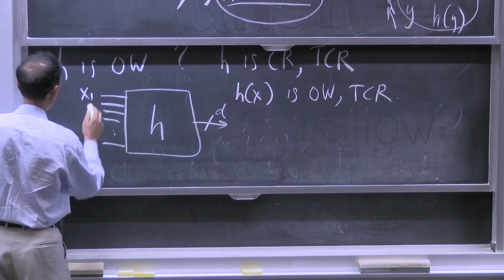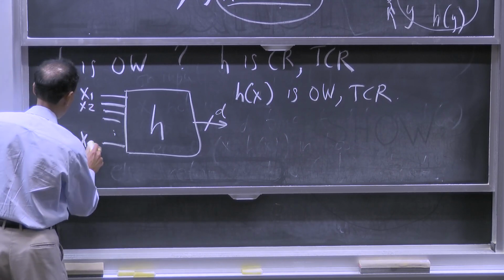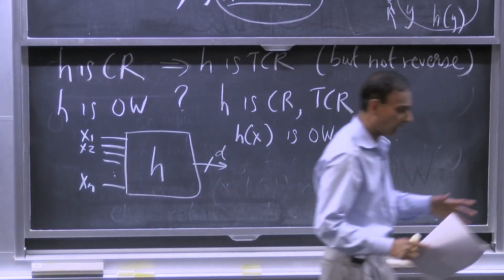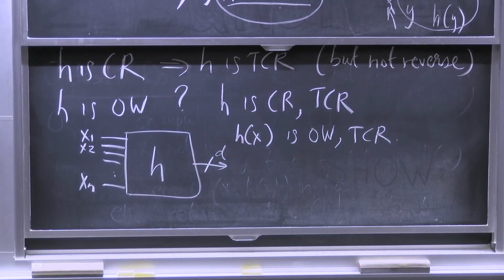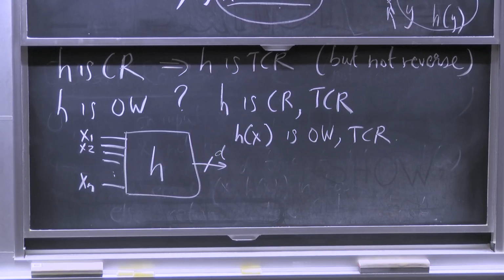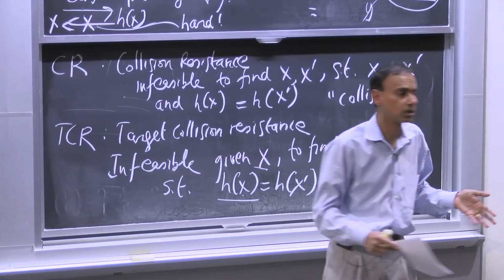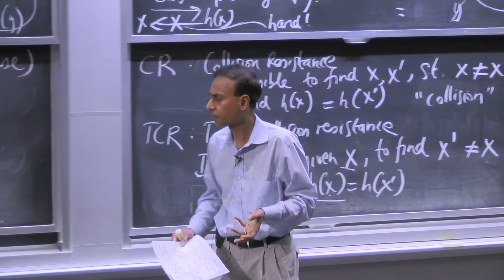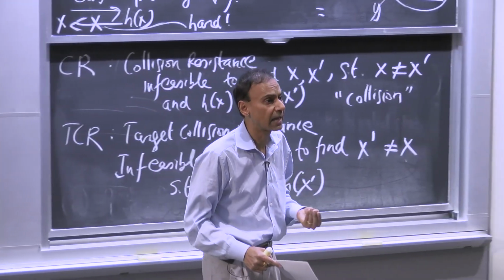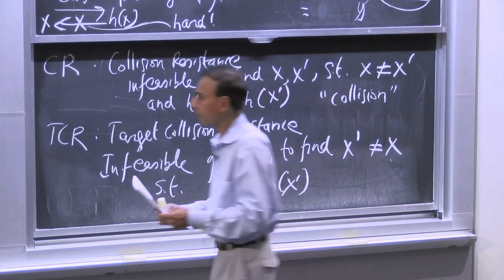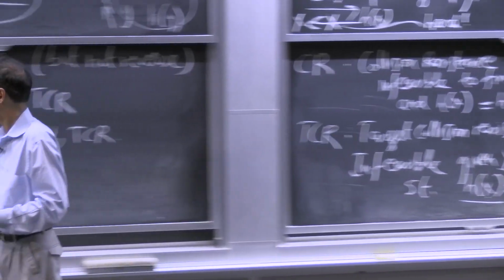Now, I've been given this h, which is one-way and TCR. In the case of one-way, I give you an arbitrary d-bit string. You can't go backwards and find the xi's that produce exactly that d-bit string. So it's going to be hard to get here.